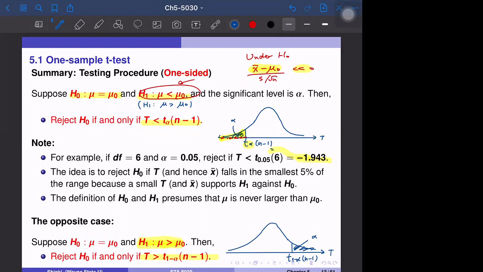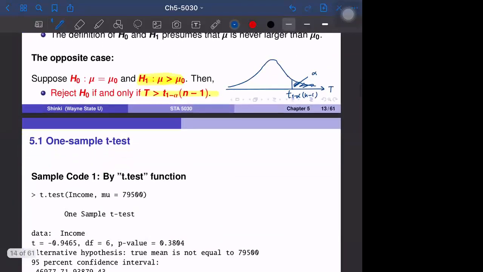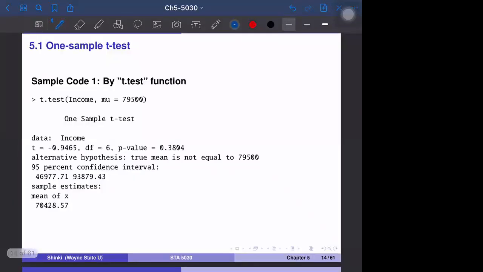So this is the general theory. Next, we see how to implement this t-test in our language. We have mentioned it a little bit in chapter 1, but we have a t.test function.